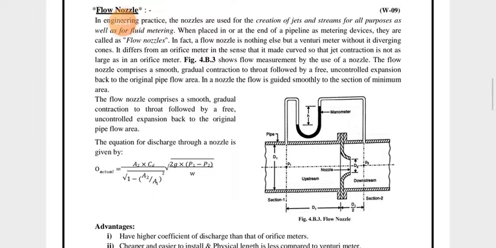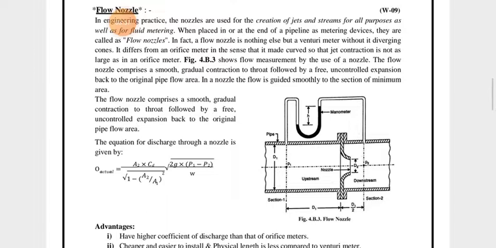So in this diagram, you can observe that the diagram is divided in two sections, that is section 1 and section 2. In between section 1 and section 2, a nozzle is fitted. Here we can see that the nozzle is labeled in the diagram, where the diameter is d2.